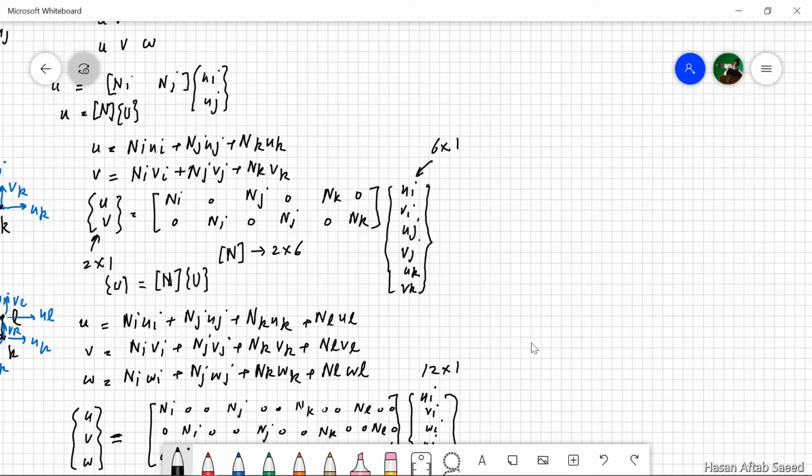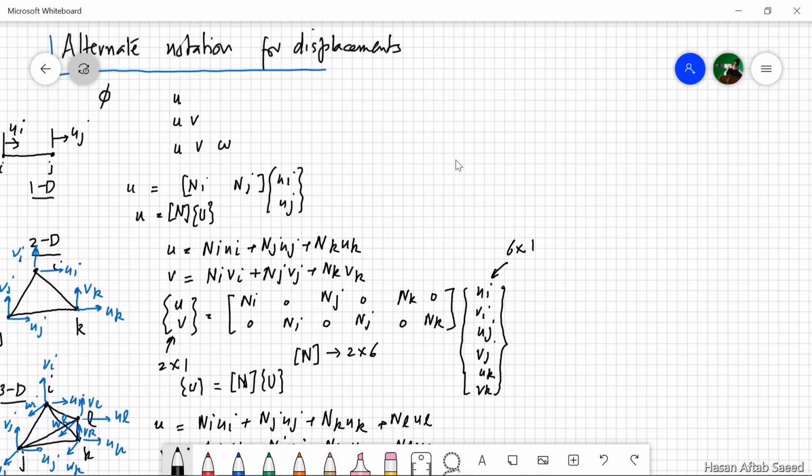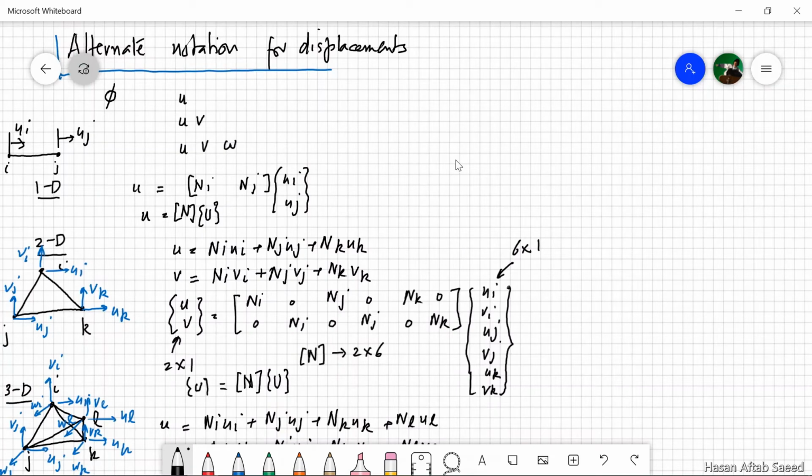But as far as the computer is concerned, it doesn't differentiate between u, v, or w. These are all simply degrees of freedom as far as the computer is concerned. So what we do is, instead of using ui, vi, uj, vj, we just use u's. Now, when it comes to 1D problems, this doesn't pose any issue because let's take any element.